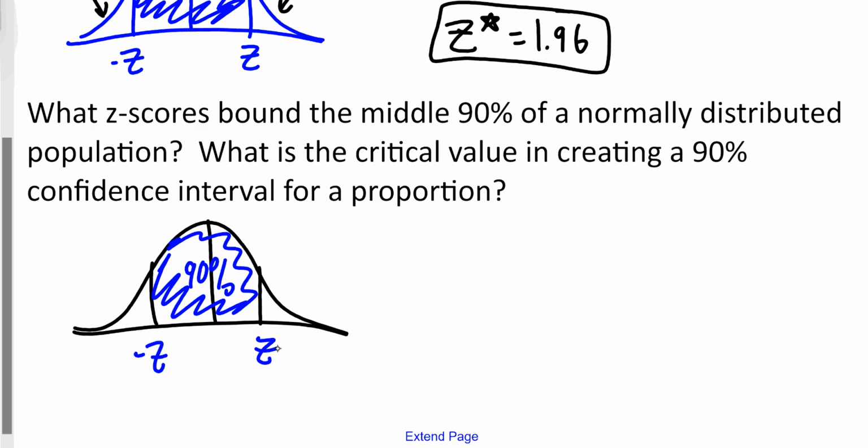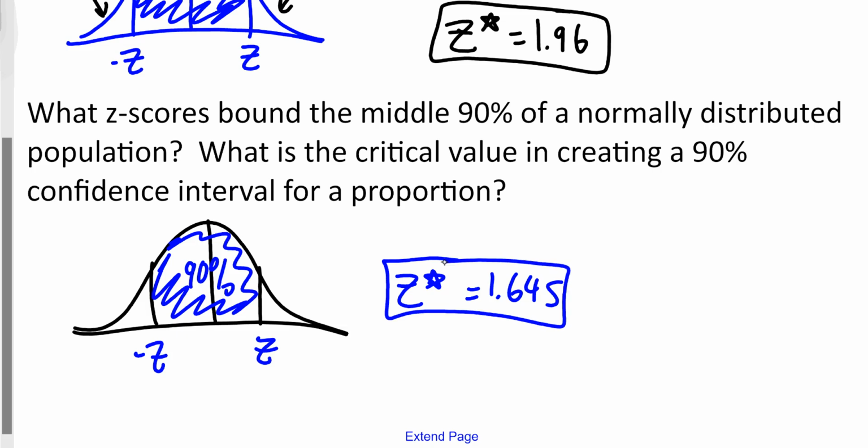Again, inverse norm will give us a z-star of 1.645, another common one that we're going to be using. That's if you do inverse norm of 0.05, because there's 0.05 on either side.